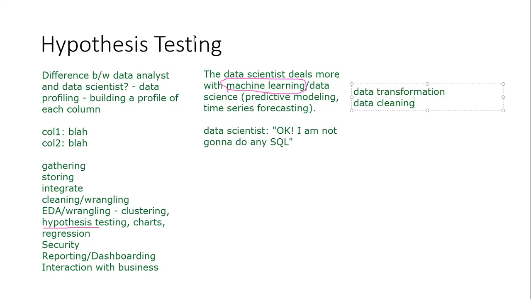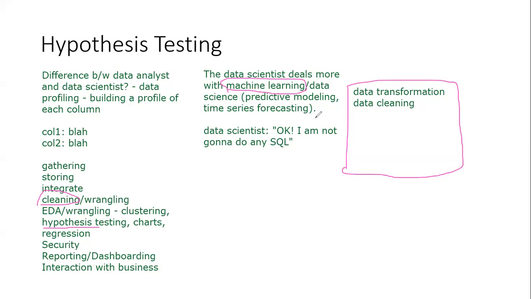Now you will say, why data cleaning? Because data cleaning is part of a data analyst's work. The point is, when you do machine learning, your cleaning activities are also different. So a data scientist will need to do some sort of cleaning, even if the data is already cleaned.